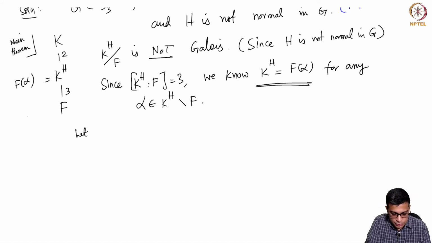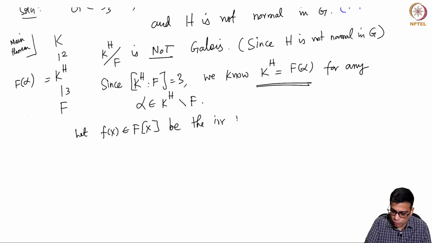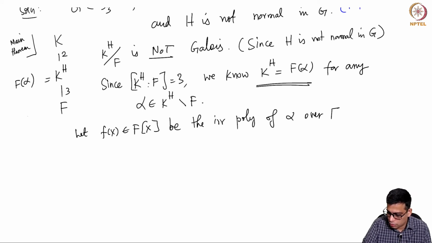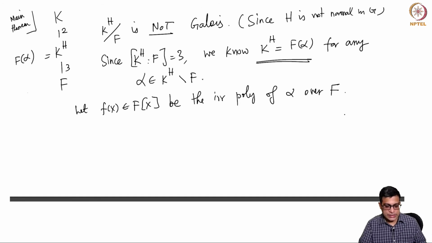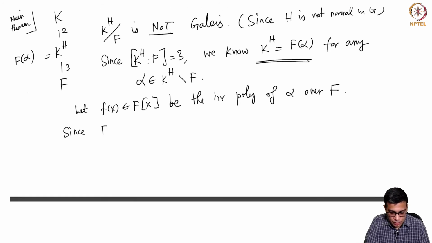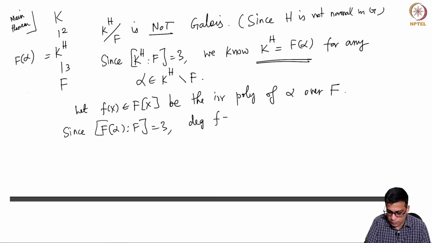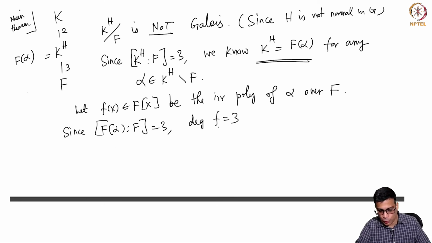So let f(x) in F[x] be the irreducible polynomial of alpha over F. Now since the degree of F(alpha) over F is 3, the degree of f is 3, because the degree of F(alpha) over F is simply the degree of the irreducible polynomial of alpha, which is f.